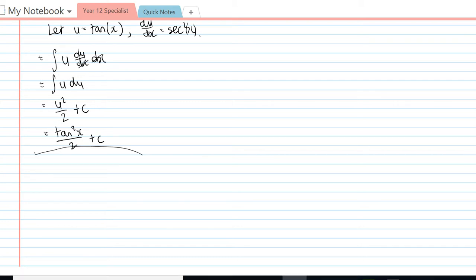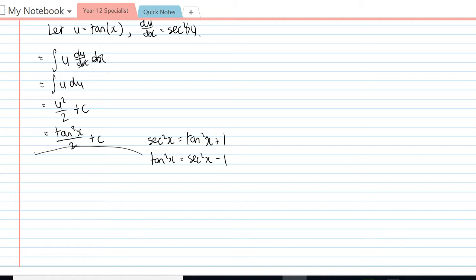If we wanted to take it one step further, we can use the identity which says sec squared x equals tan squared x plus 1. That means tan squared x would be sec squared x minus 1.